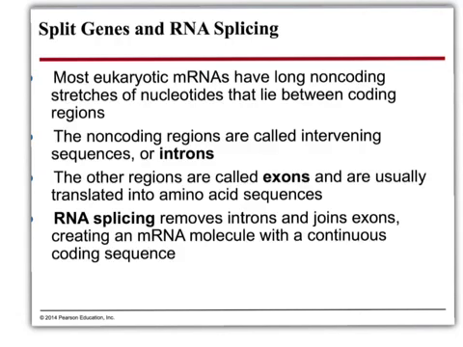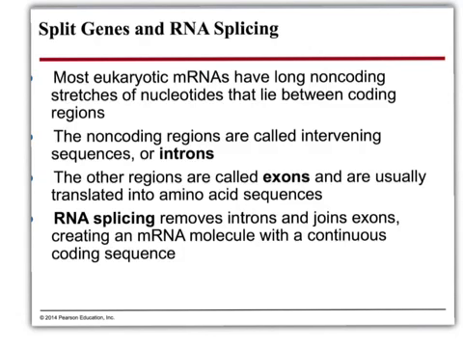We need to get rid of the intronic RNA and link together just the coding exonic RNA. So what cells do when they go through RNA splicing is remove the introns and join together exons.